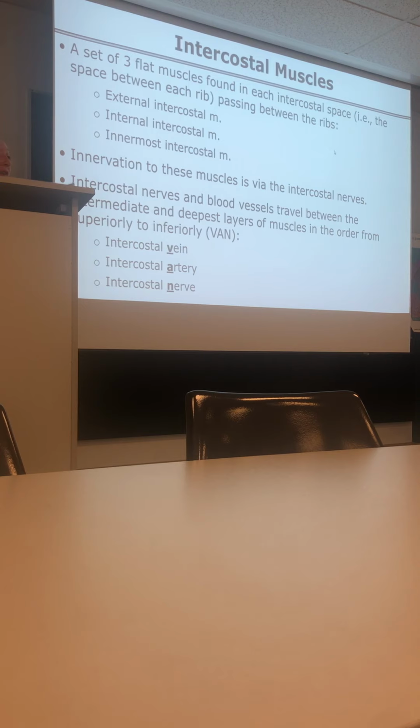And they travel in that costal groove of our rib that you guys should have already looked at and be very familiar with. So if we were to tag something underneath a rib, that would be the costal groove. We could ask you what blood vessels run there. It's a great practical question, just throwing it out there. And they run in the order from superior to inferior: vein, artery, and nerve. So we have our intercostal vein, artery, and nerve.